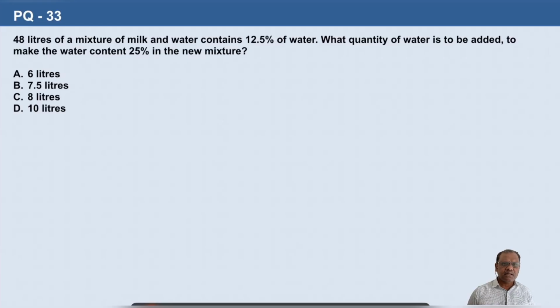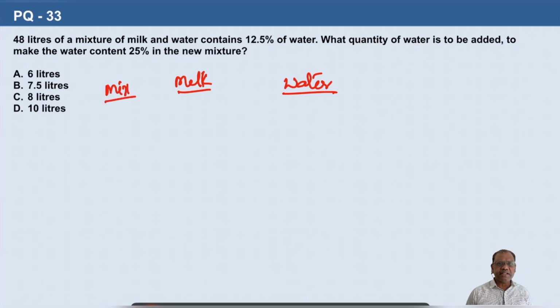So here there is milk and water, and there is a mixture. Mixture is 48 liters.